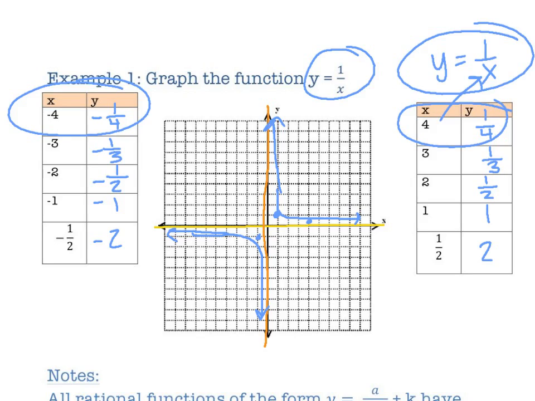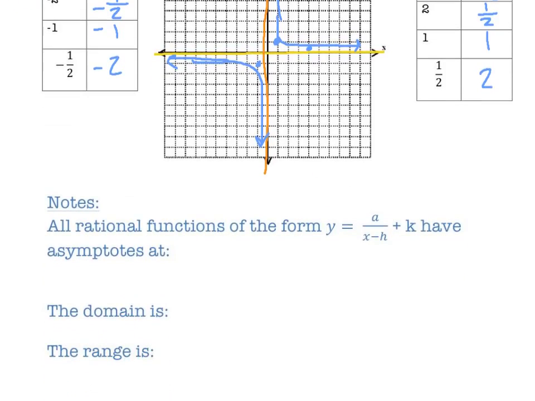Next, we're going to look at some transformations. So in general, and now we're adding in an h value and a k value. So functions that have the form y equals a over x minus h plus k have asymptotes at x equals h and y equals k.